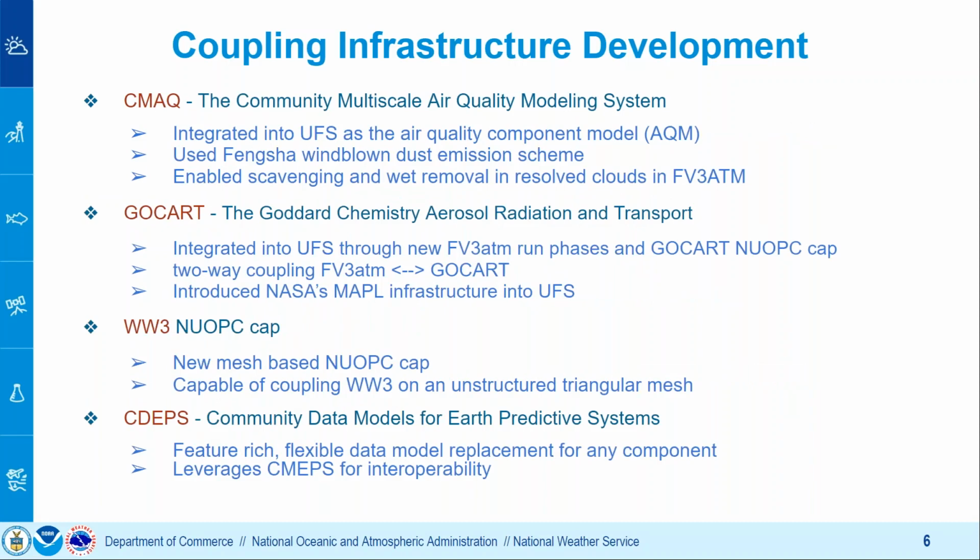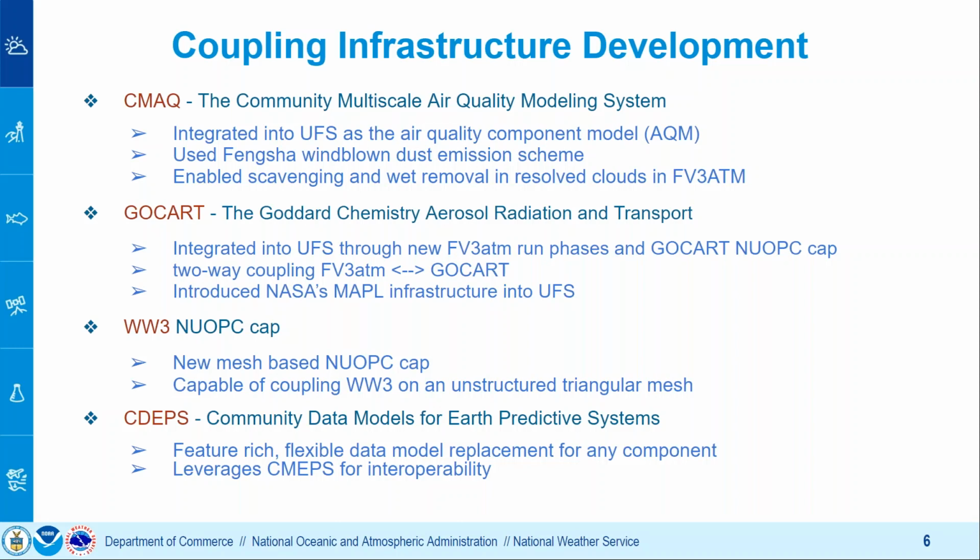Next is CMAQ, which is the Community Multiscale Air Quality Modeling System. It is used in the regional air quality model system. And then we also have GOCART, the GOCART chemistry aerosol radiation and transport model, to support aerosol forecasts.